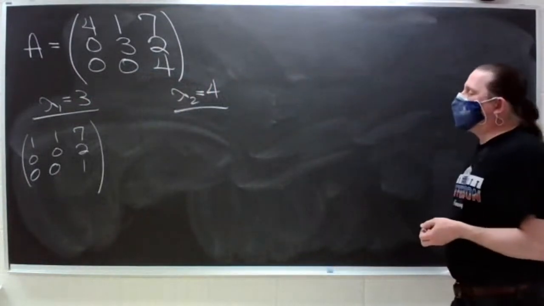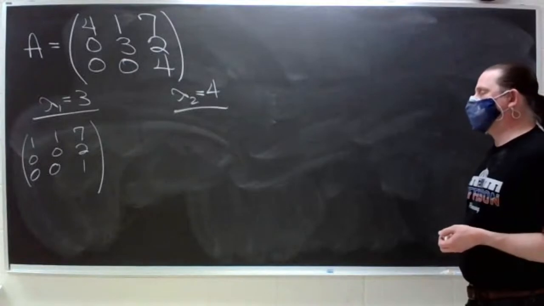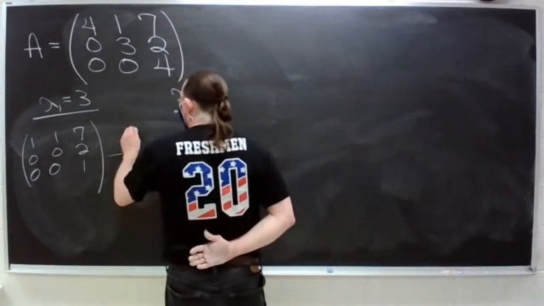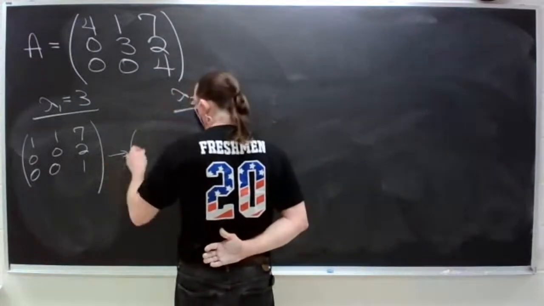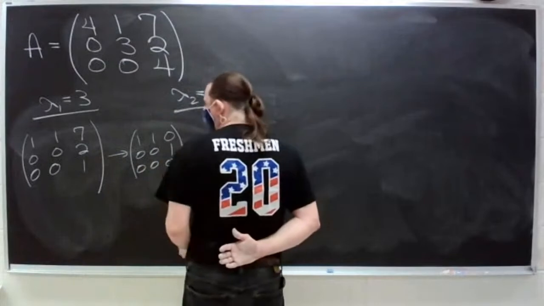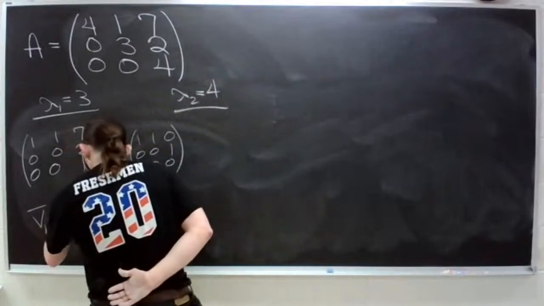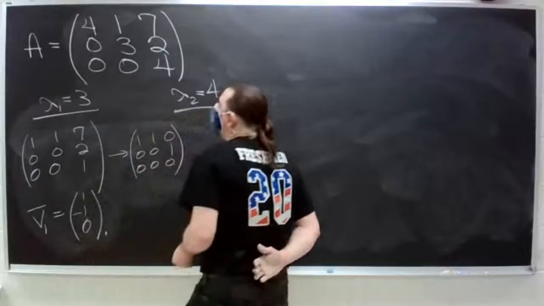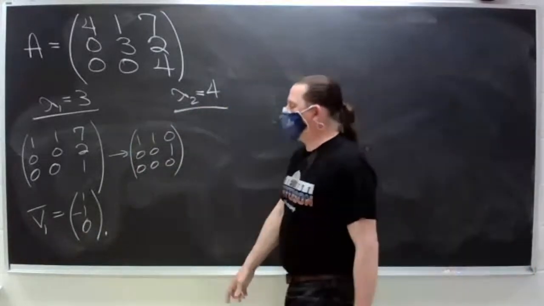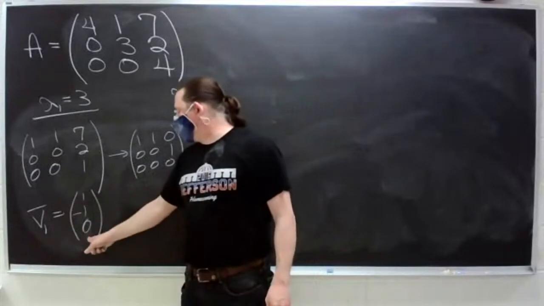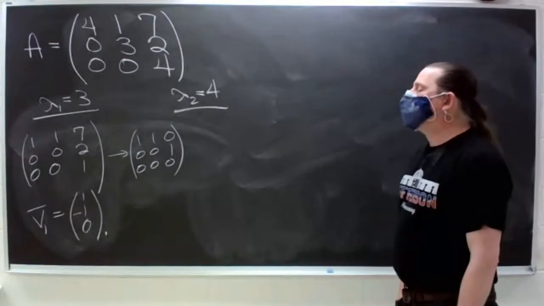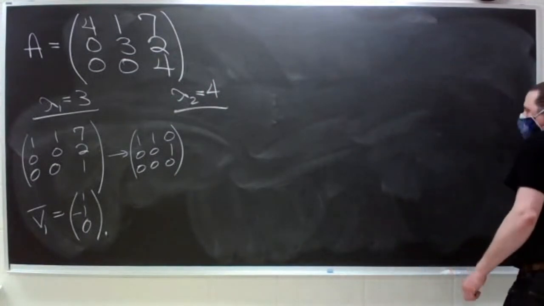Remember, you only subtract the eigenvalue from the diagonal. This would row reduce to, I would have V1 equals 1, negative 1, 0. There's my eigenvector associated with eigenvalue 3.